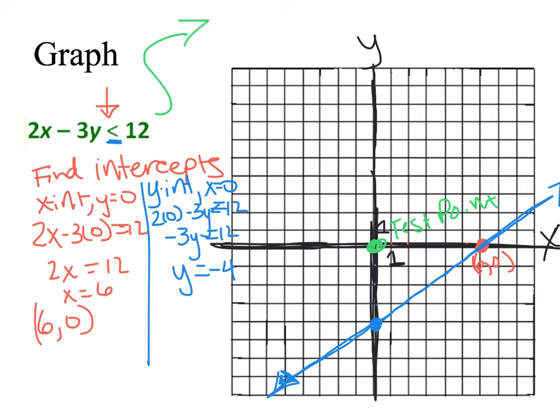And I will do this work up here. You could use any coordinate, but we're using 0, 0 because it's easy, because then I can just go 2 times 0 minus 3 times 0. Is that less than or equal to 12?